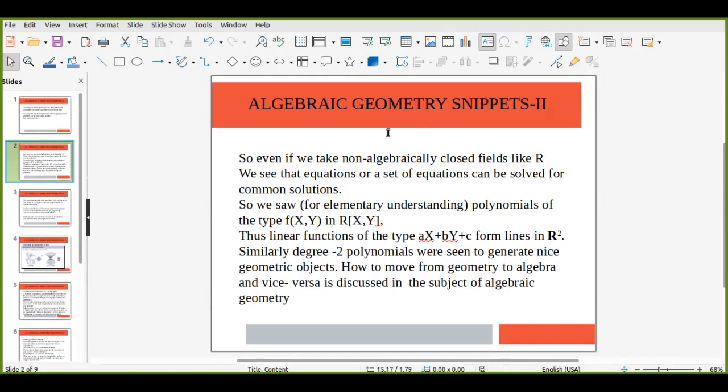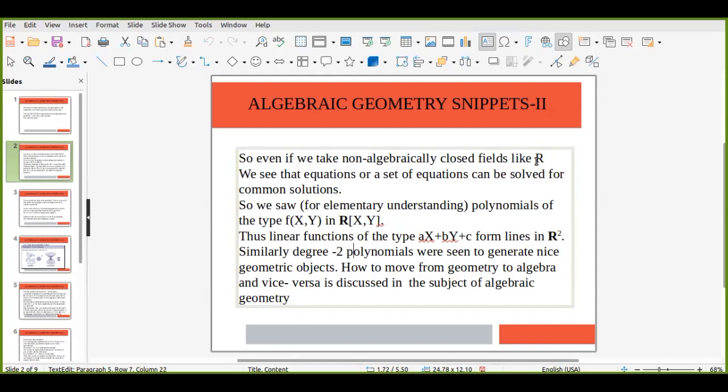Here I should mention that this R is the set of real numbers, so boldface R means real numbers here. Thus linear functions of the type ax + by + c form lines in R^2.